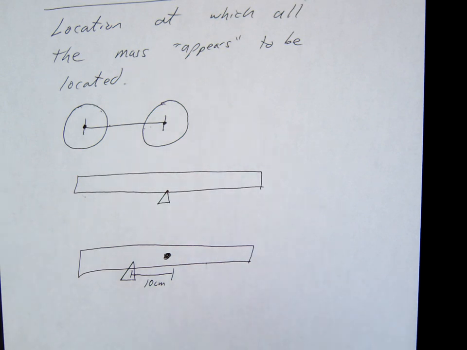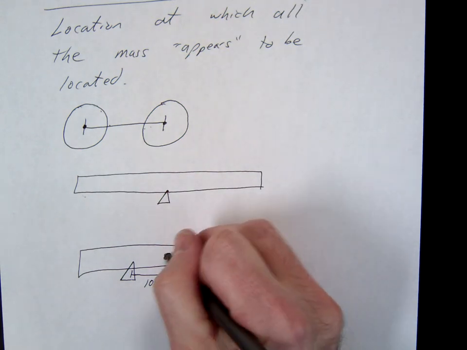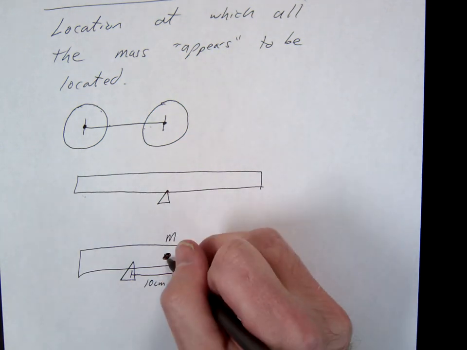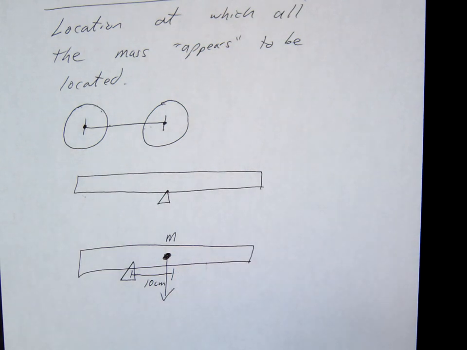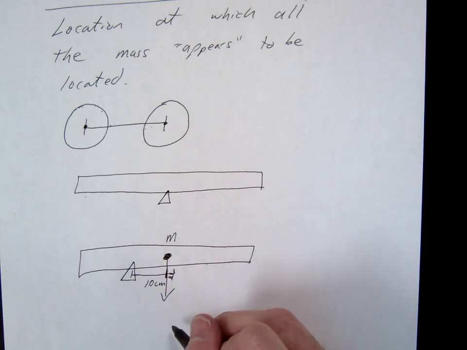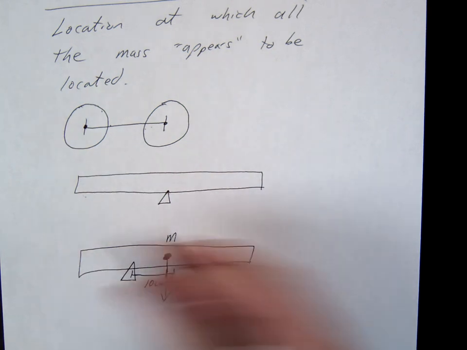Well, I could model this as if all the mass was located right here, pushing down, and this should be this distance here, pushing down with a torque in this case, clockwise direction.